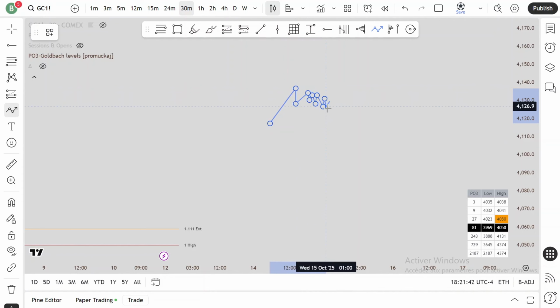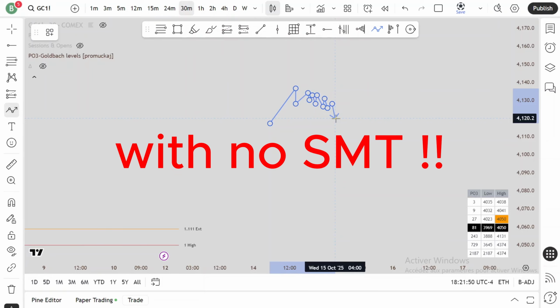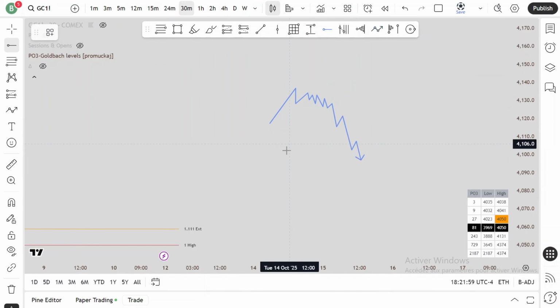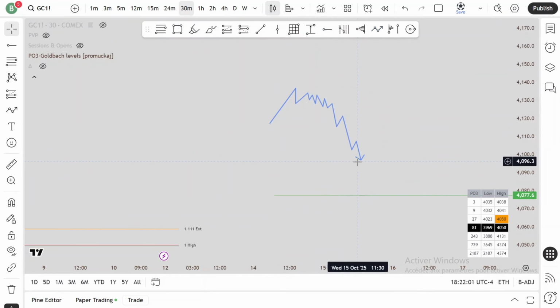And you see something like this: a lot of equal highs that were created, let's say at 7 a.m. New York time. Then at 8:30 we are here, and we have a bearish draw on liquidity.